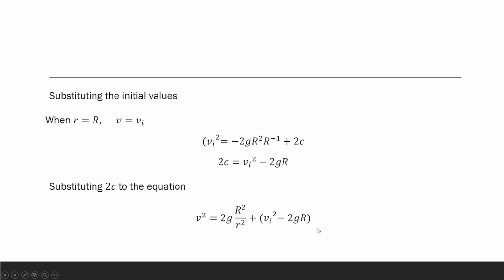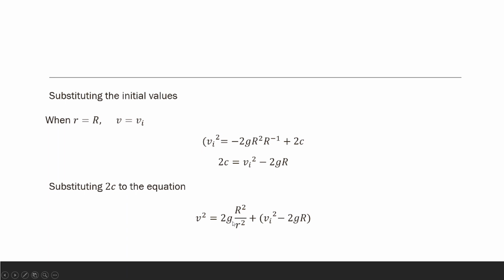Because if you look, class, we have here two terms. Our first term is 2gR squared over r. 2gR squared is constant.